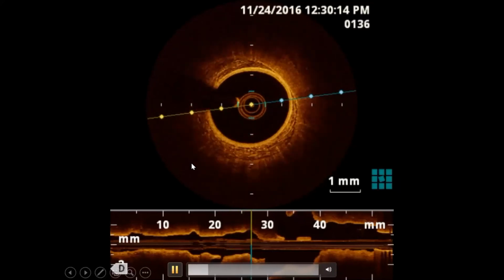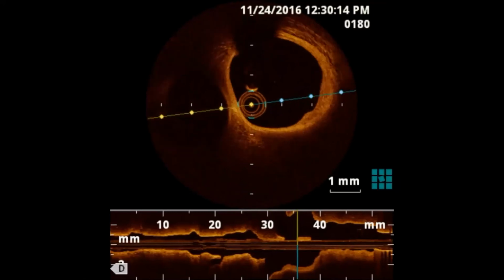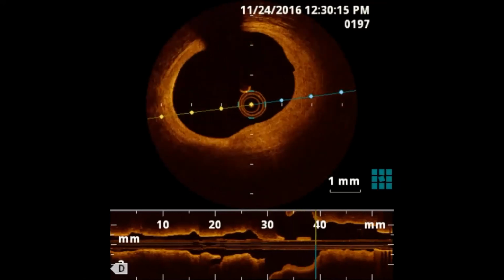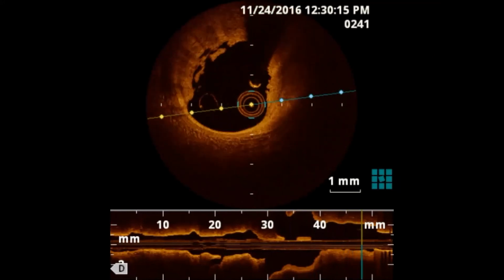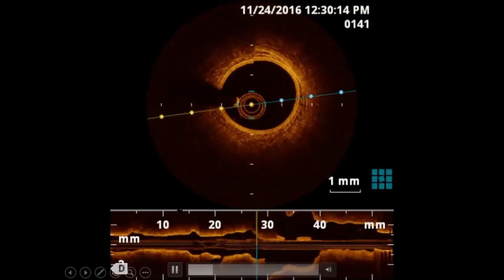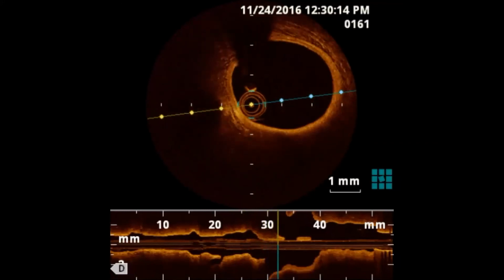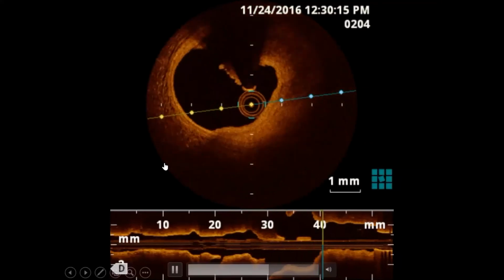So that's a quite normal looking mid LAD, and we are coming proximally and into the left main, and that's what you see. Shadia, that's your favorite one? I didn't want to go on about plaque erosion again with white thrombus, but I think that's obvious for everyone to see in the left main.